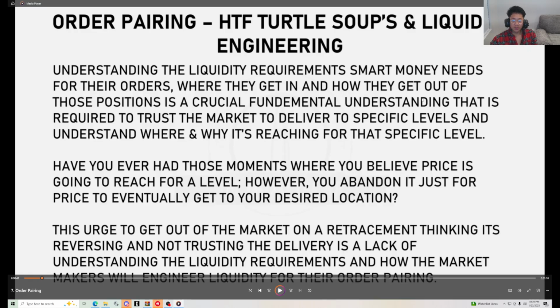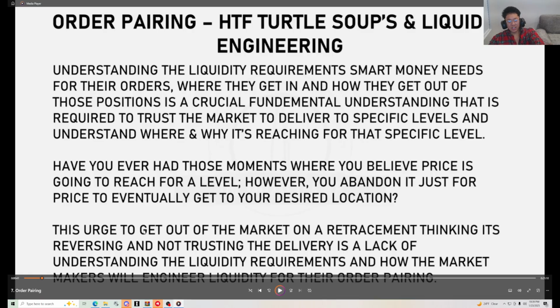It's a crucial fundamental understanding that is required to trust the market to deliver to specific levels, to understand where and why it's reaching for that specific goal. Retracement, thinking it is reversing, not trusting, is a lack of understanding of the liquidity requirements of how the market makers will engineer liquidity for their order pairing.